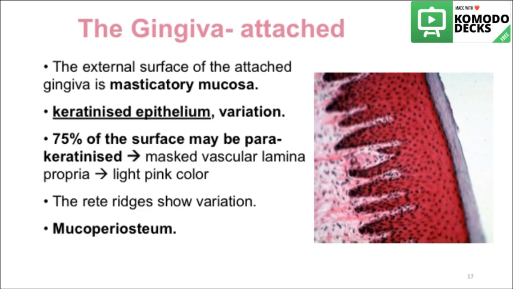The external surface of the attached gingiva is composed of masticatory keratinized epithelium, but most of it is parakeratinized, which means some of the cell nuclei are maintained. This makes the color more light pinkish, masking the vascular lamina propria. The rete ridges have variations, and there is no submucosa. It is directly attached to the mucoperiosteum.